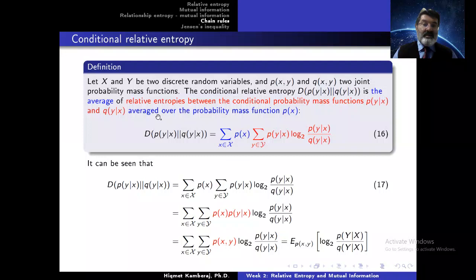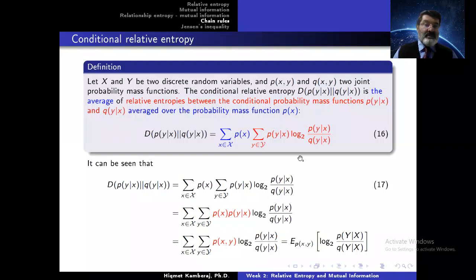Then I continue reading the sentence: of relative entropies between the conditional probability mass functions p of y given x and q of y given x. Then I write down the relative entropy between the conditional probability mass functions p of y given x and q of y given x.